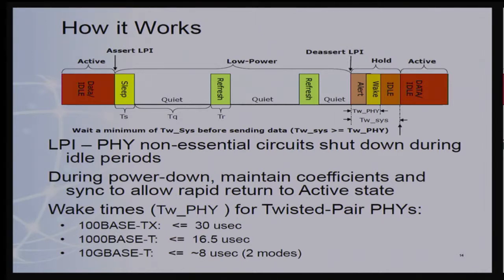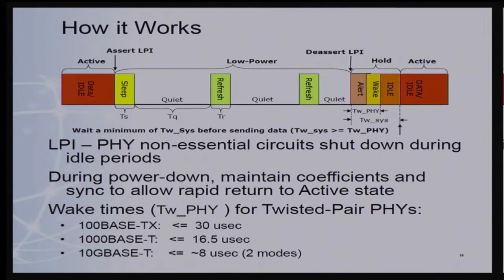With EEE, when there's no data to send, the transmitter would assert LPI, which means that it's going to send a sleep signal, indicating to the receiver that it's time to go to sleep, that as soon as the sleep indication signal stops, the line's going to go quiet.